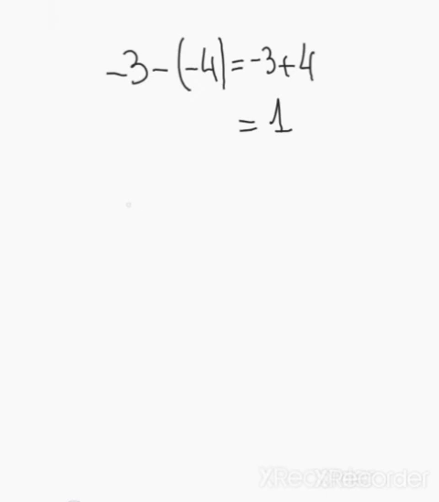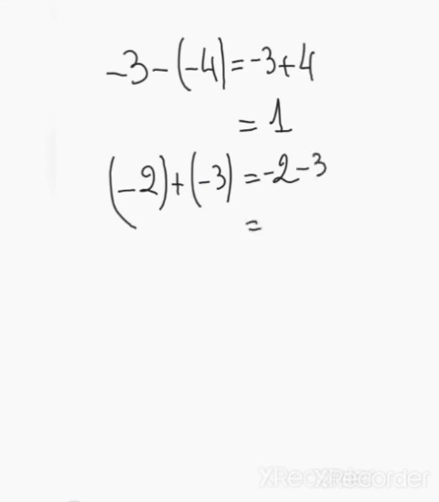If I have negative 2 plus negative 3, I can get rid of the parentheses. Here it's preceded by a plus, so it's negative 2. Here also preceded by plus, it's negative 3.